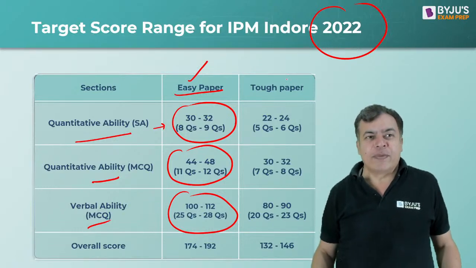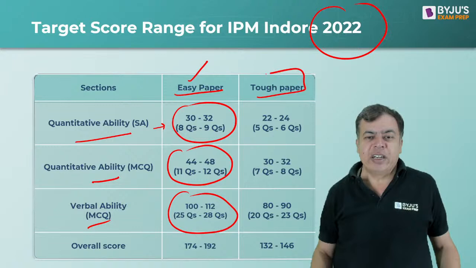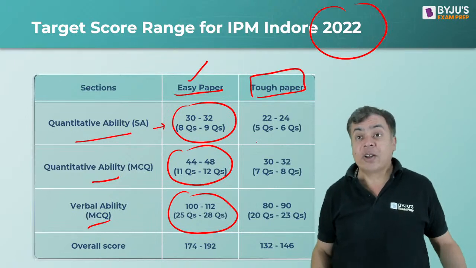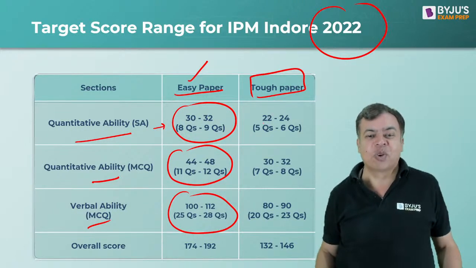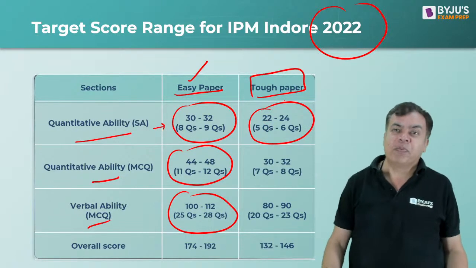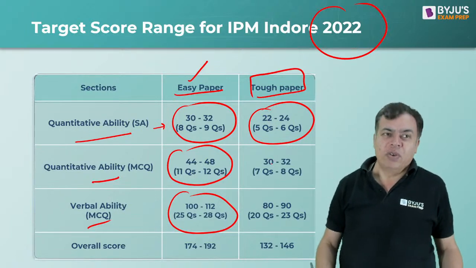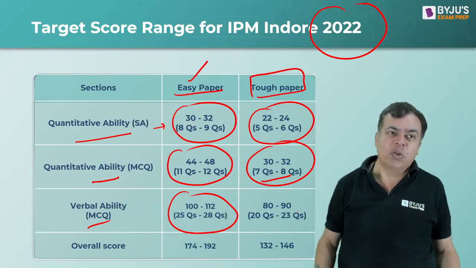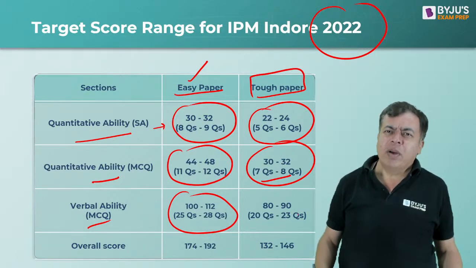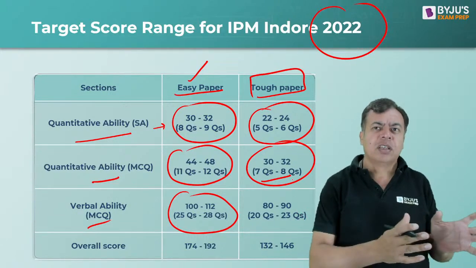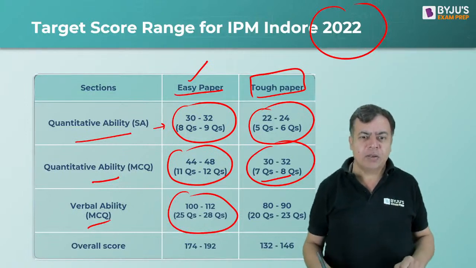But if it is a tough question paper, you can even think of clearing the cutoffs. This is the target score. The safe score will be that even if you attempt 5 to 6 questions in the short answer type, scoring 22 to 24, and then 7 to 8 questions in the MCQ part, the accuracy rate should be very high, since it is the least number of questions.